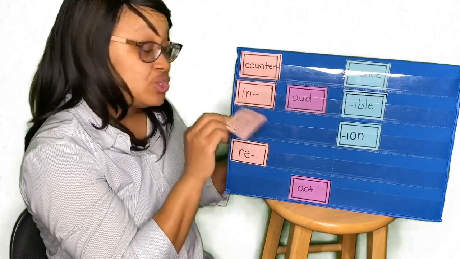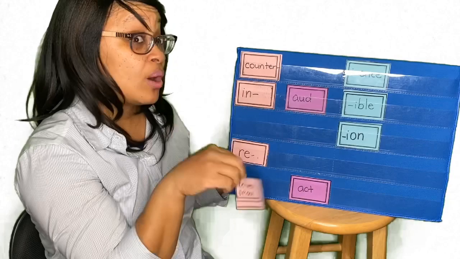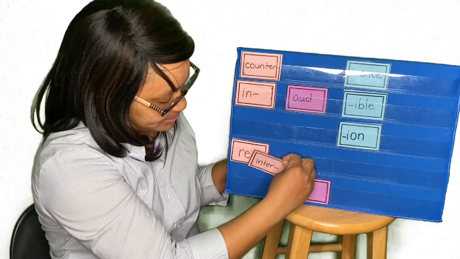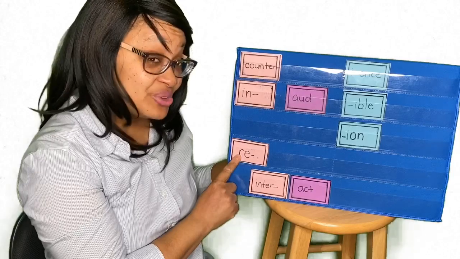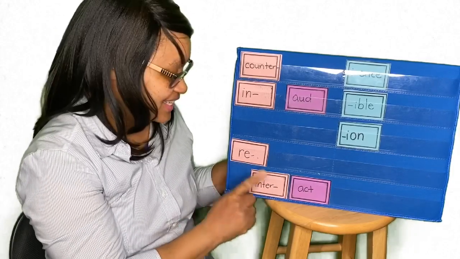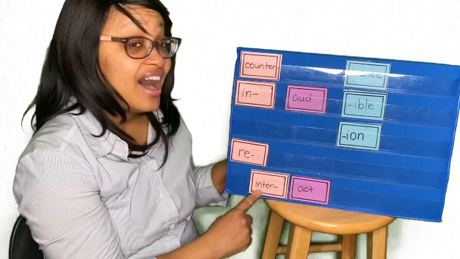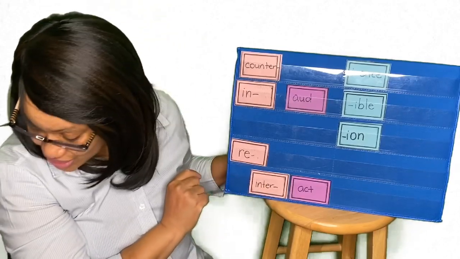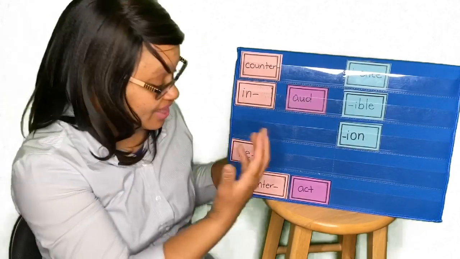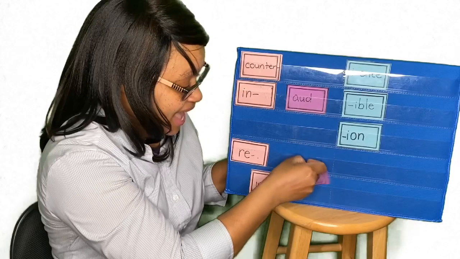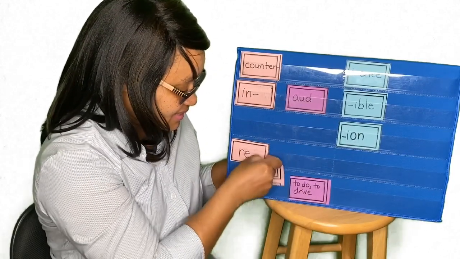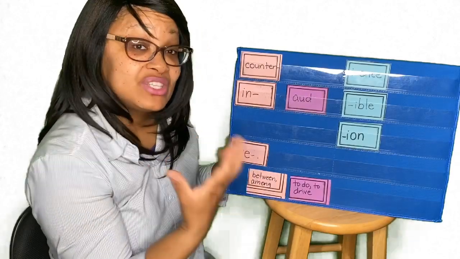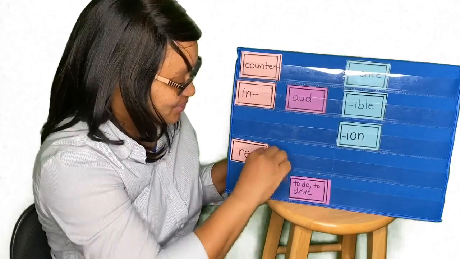Enter, between or among. When you are among, you are with others. So enter is the best choice. We already did react, so it wouldn't be re. So interact. Interact. To talk or do things with others. So when you interact, then you are doing things among or between.